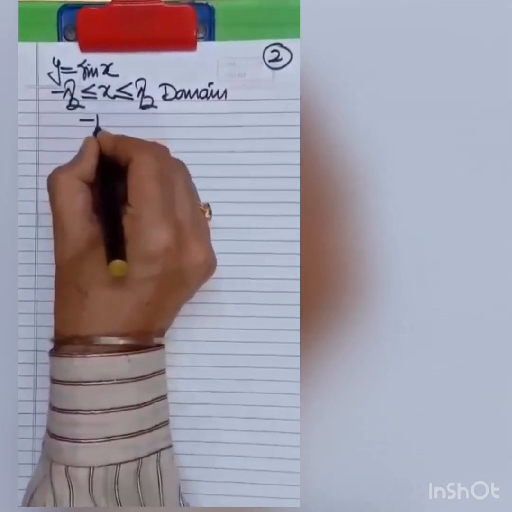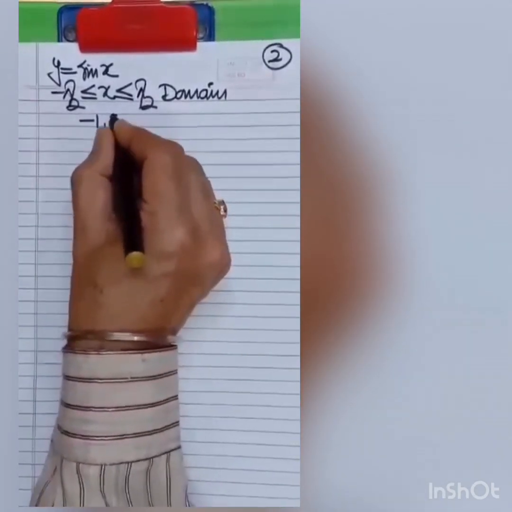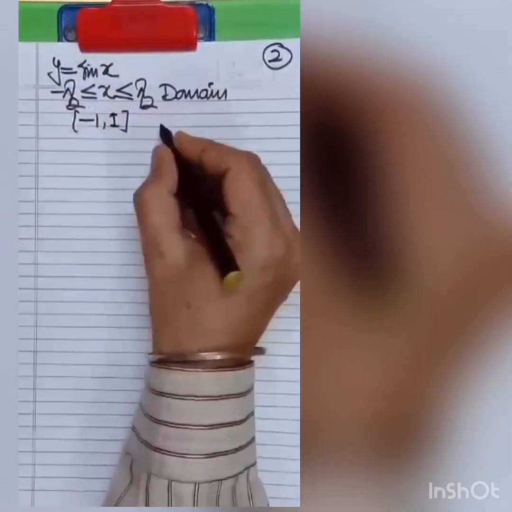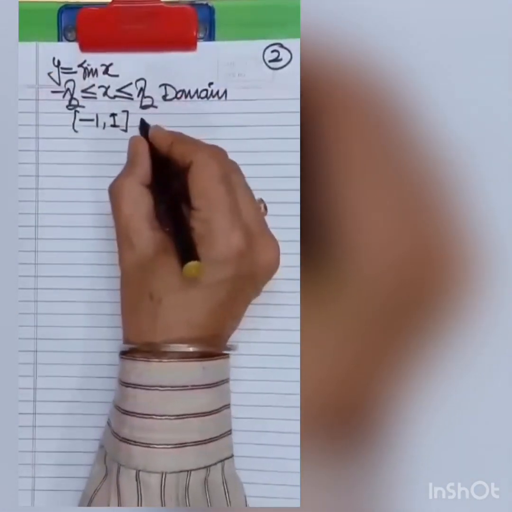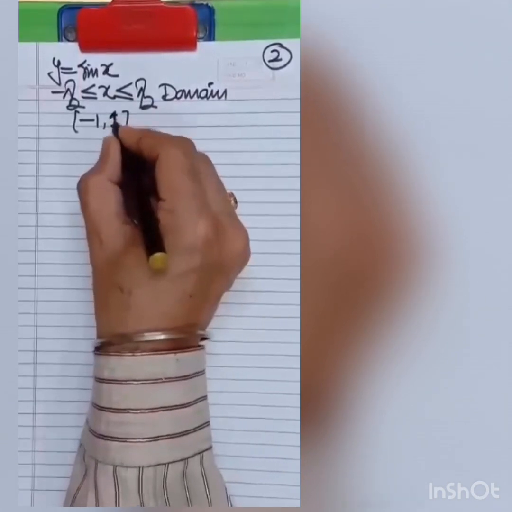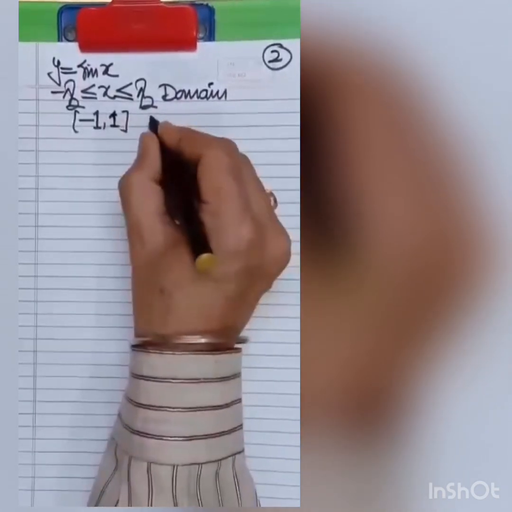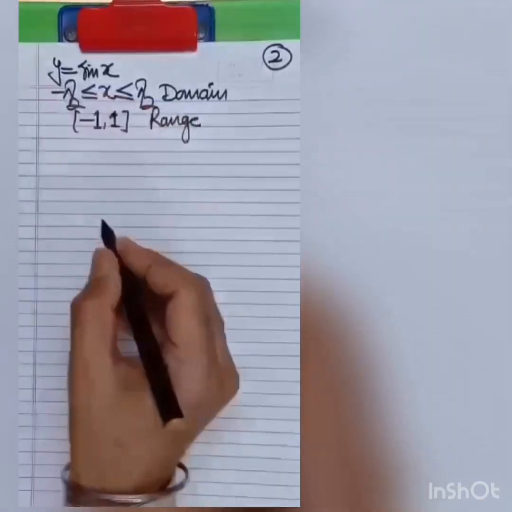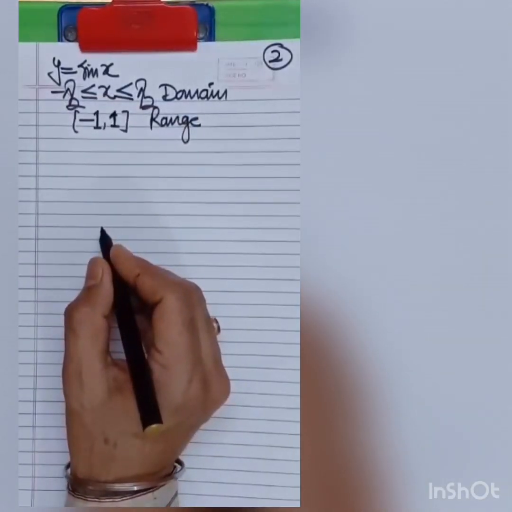If we put this domain in this function, we get values from minus 1 to plus 1. It is called the range. Trigonometric functions have their specific ranges and domains.